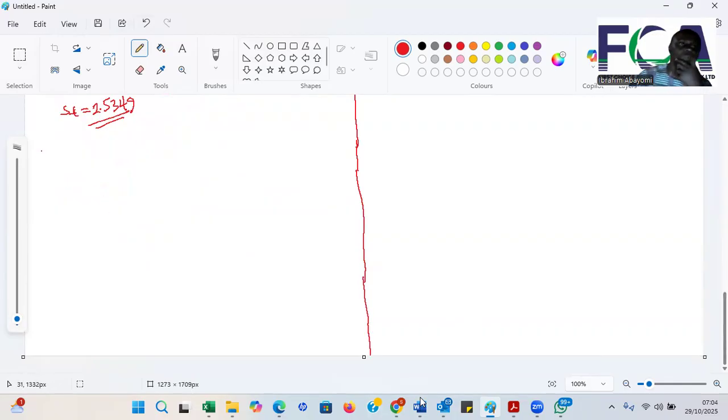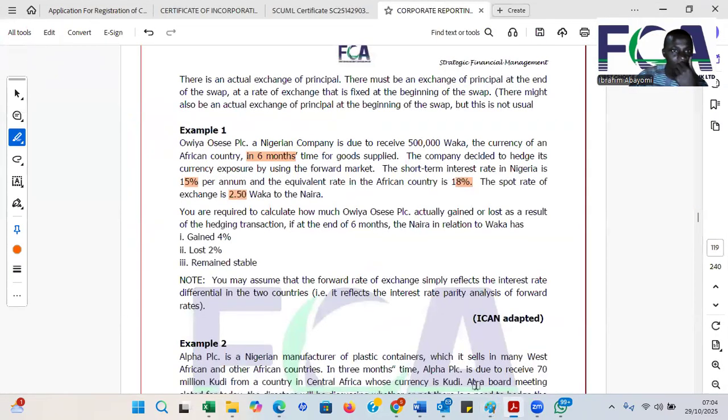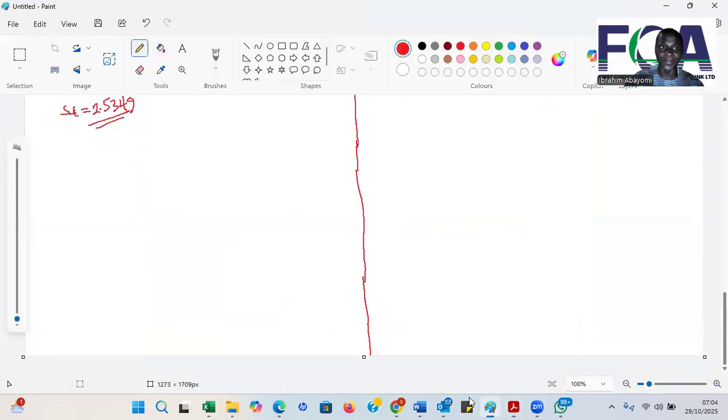Okay, so now the first requirement is: if Naira gained 4% in 6 months' time, you know the transaction is in 6 months' time. If in that 6 months the Naira has gained 4% against Waka, that's the sum of figure one.